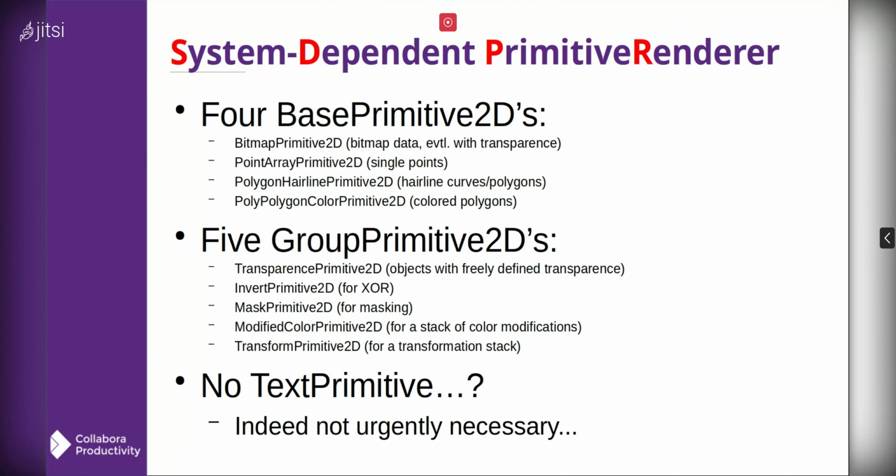You can mask your content with a polygon. Then modified color. That's an interesting thing with a modified color stack where you can modify the colors of any content. For example, if you have a draw shape and the shadow is created by embedding the same geometry, which is ref counted, so it's not taking more space, into a modified color with the target color of the shadow.